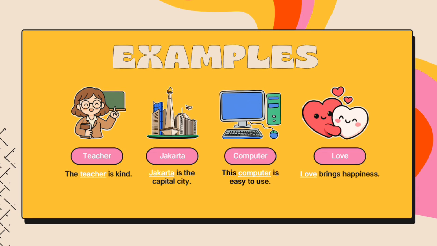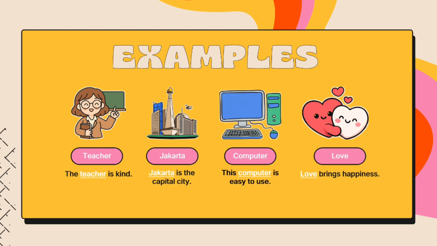For the first sentence, we have: the teacher is kind. Here, the teacher is the noun because it names a person. The second sentence is: Jakarta is the capital city. In this sentence, Jakarta is the noun because it names a place. Moving on, the third sentence: this computer is easy to use.